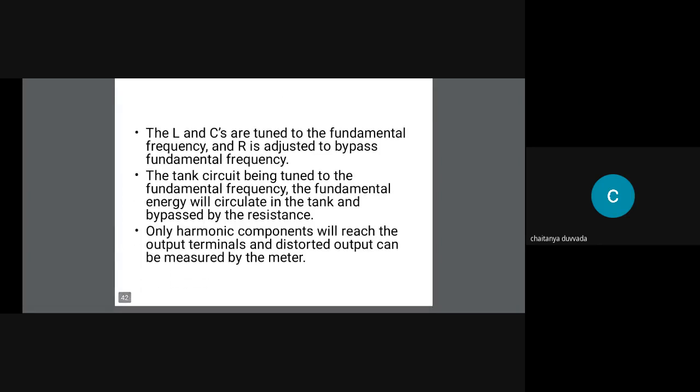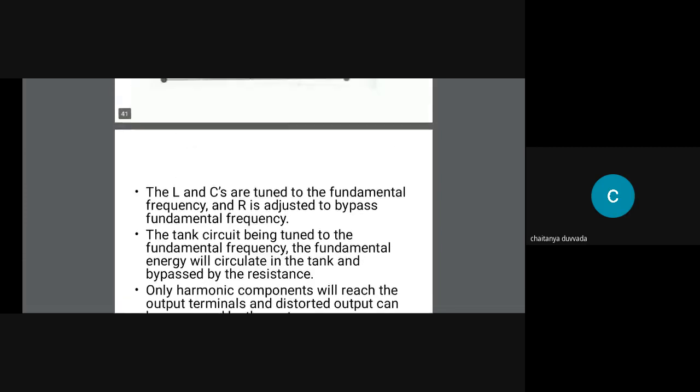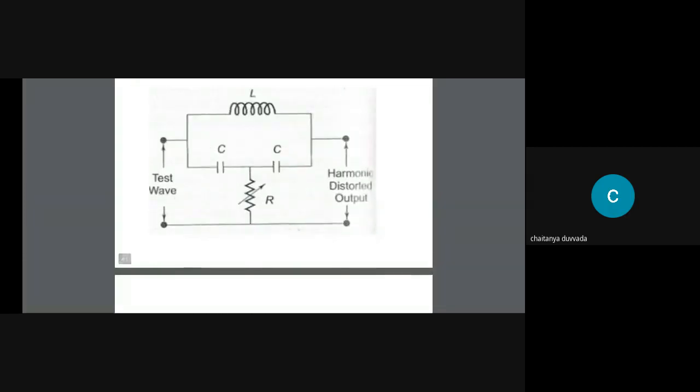The second point: the tank circuit being tuned to the fundamental frequency, the fundamental energy will circulate in the tank and be bypassed by the resistor. In this, some L and C are there. The combination of this L and two C's is named the tank circuit.